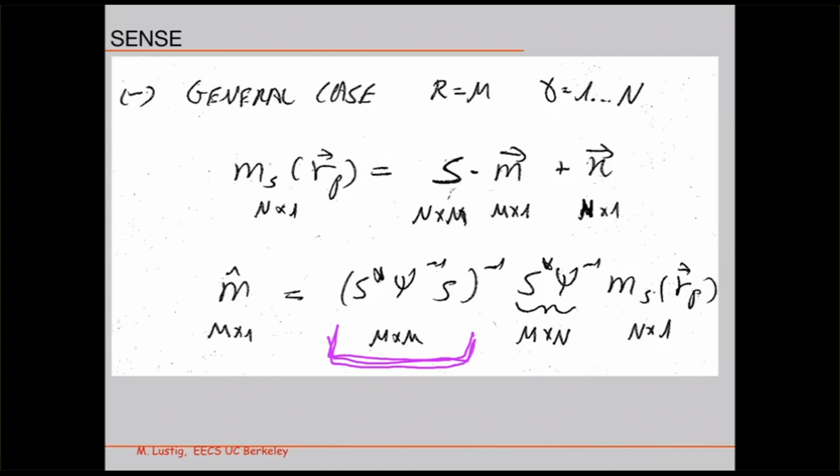Now, there could also be a situation where we have 8 coils and 8 foldings, but that may also be underdetermined or ill-conditioned. It depends on how the pixels are folded and what the coil sensitivities are. And that needs to be managed.